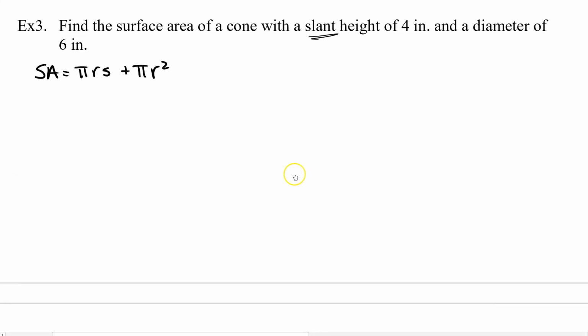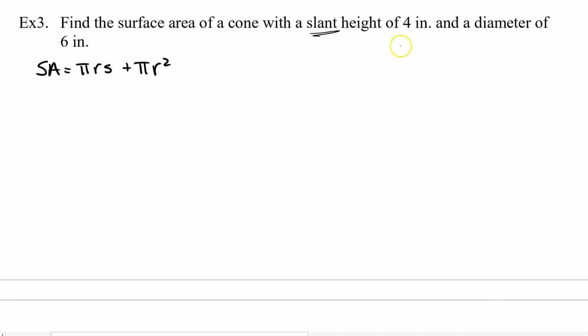Okay, so let's see what we have here. The slant height of 4 inches, so S equals 4, and a diameter of 6. But again with the diameter thing, we need to make sure that we have the radius. So since the diameter is 6, we need to divide it by 2, and we get 3. So I have my S here.